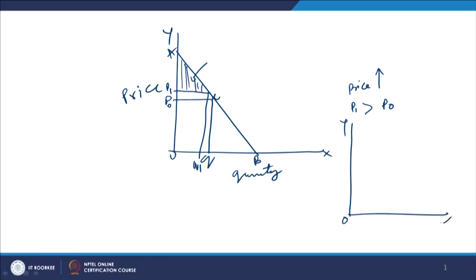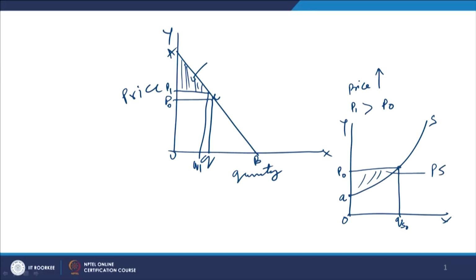If this is the supply curve and this is the point where the producer is not willing to supply any commodity, say point A, and the market price is OP0, quantity supplied is 0, and now this area is producer's surplus.